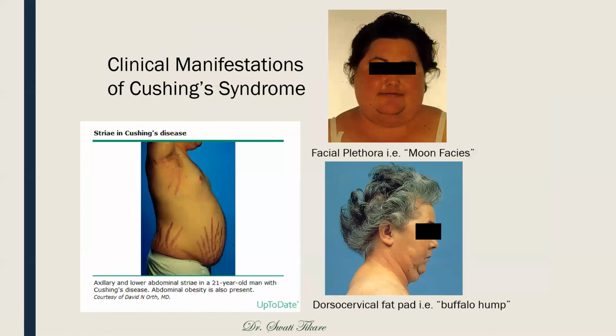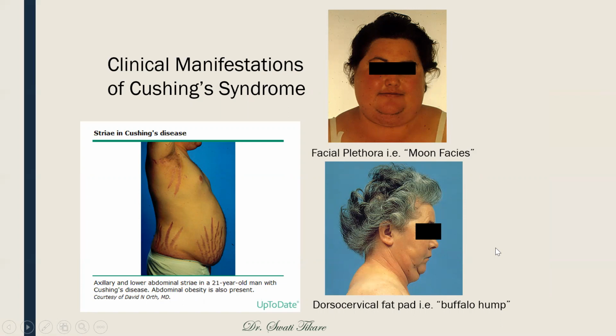So again, some more pictures: truncal obesity, moon-like face, facial plethora is the word that is used for that. This is the small hump, buffalo hump, what we call dorsocervical fat pad. So all these are there in Cushing syndrome.